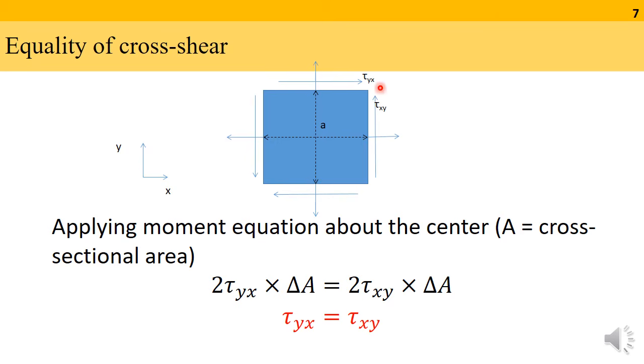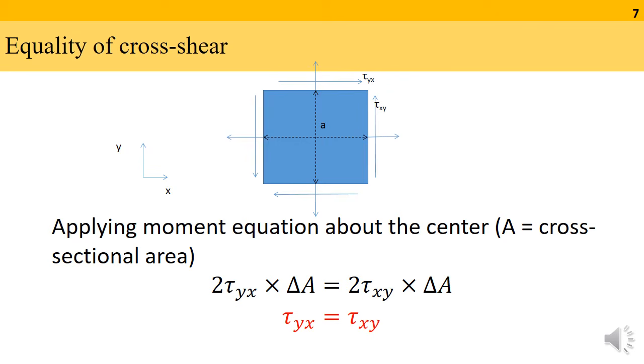I have tau yx into 2 times delta l, that is the top area and the bottom area, is equal to tau xy into delta l, the area on the right and the area on the left, so I have 2. This tells me that tau yx is equal to tau xy. So what this tells me is that the cross shear terms are equal.